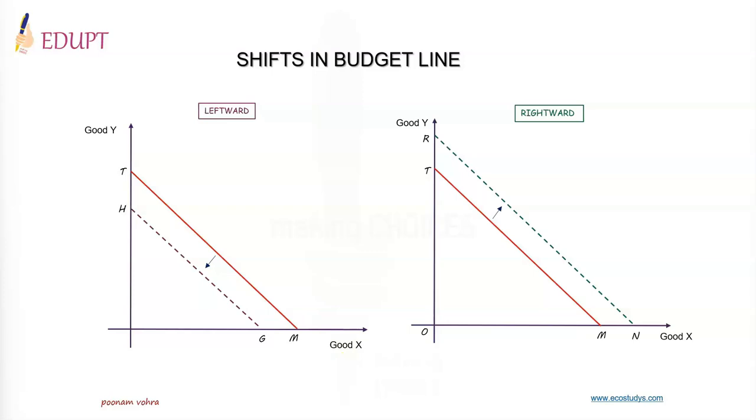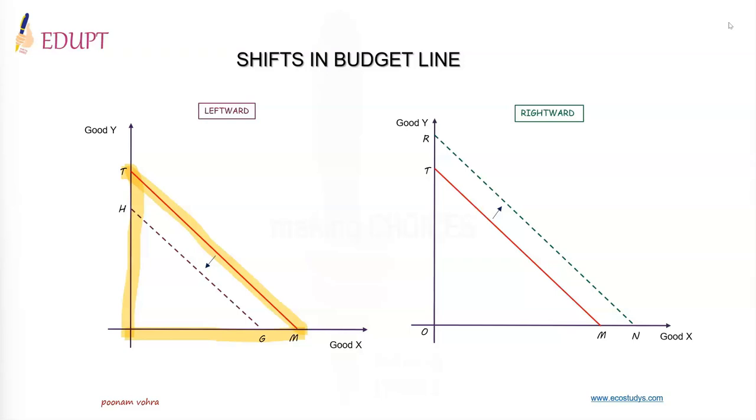Budget line TM shows that consumer can purchase OM quantity of good X and OT quantity of good Y when there is no change in income or prices. Now suppose income of the consumer falls but prices of both goods remain same, or prices of both the goods rise but income remains same.